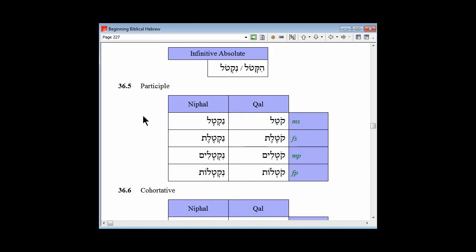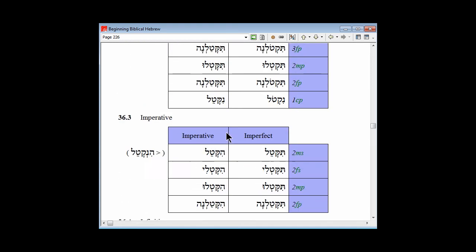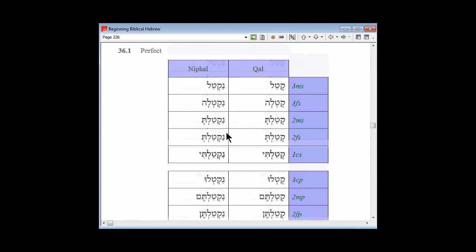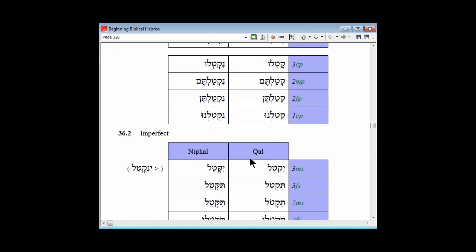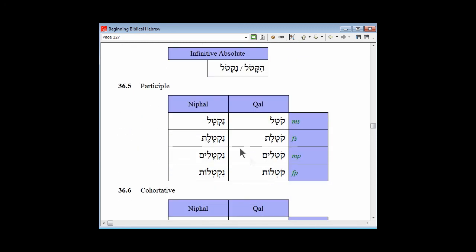Now, this next thing is the only thing I think is potentially confusing about the nifal, and that is the first form here. The masculine singular nifal participle is niqtal. Now that looks an awful lot like, let's scroll back up here, the perfect niqtal. The only difference is in the perfect niqtal, third masculine singular, has a patach, an A-class vowel, and down here in the participle, it's qamets. That's the only difference.